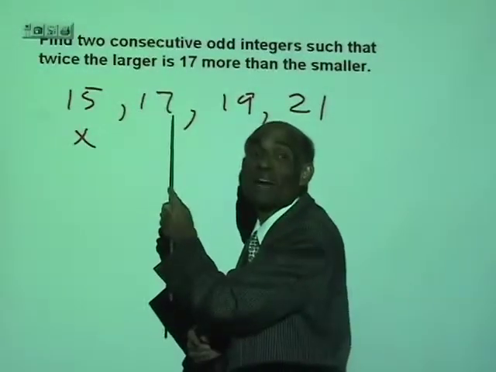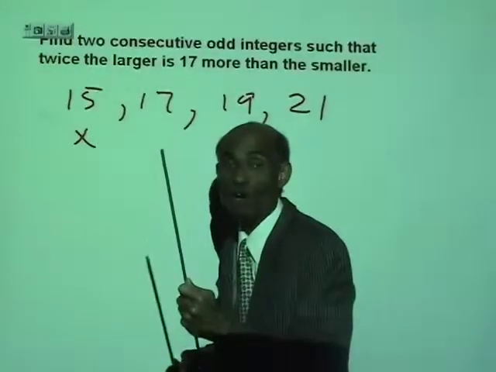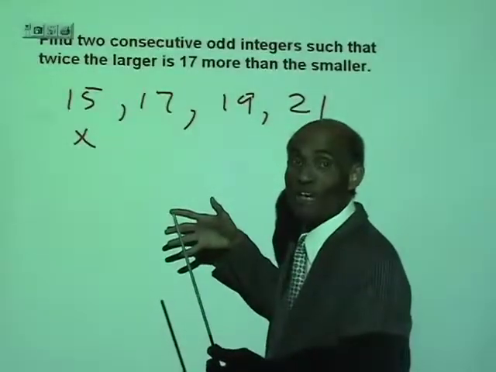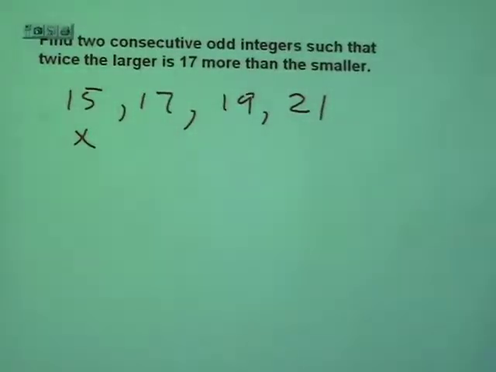Add 2 to that. Now, if x is the smaller of the odd integer, what will be the next odd integer? Add 2 to that. So, x plus 2 will be the next odd integer.